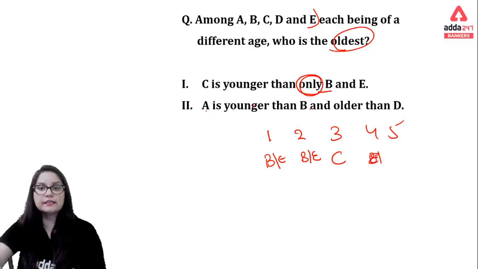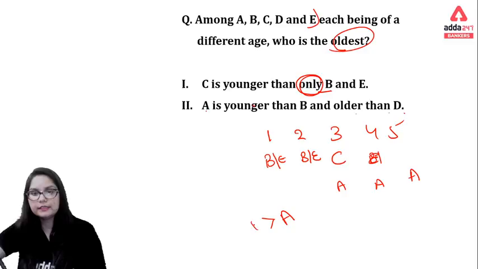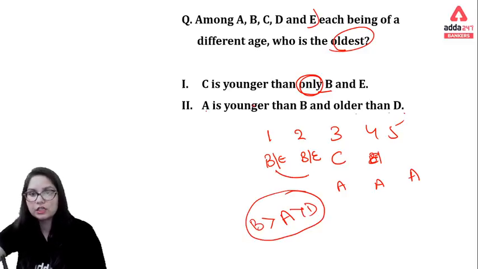A is younger than B. A may be here, or here, or here, and older than D. That means A is younger than B and older than D. This sequence must be followed, but we are still not aware of the full sequence.